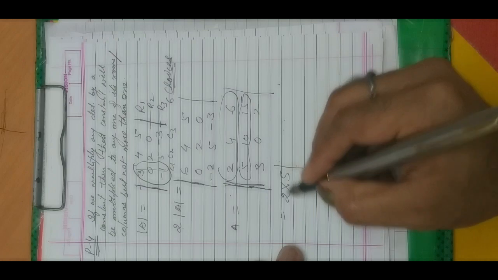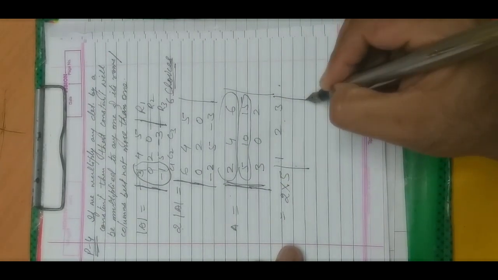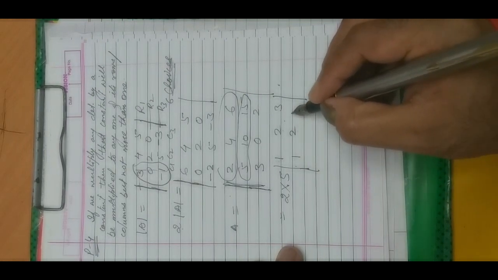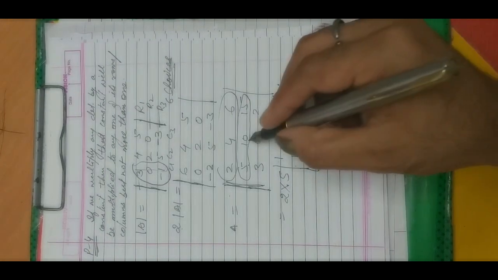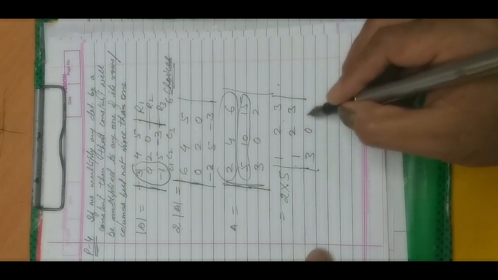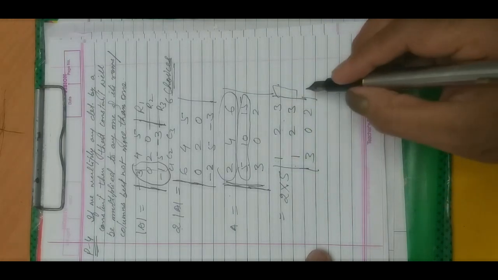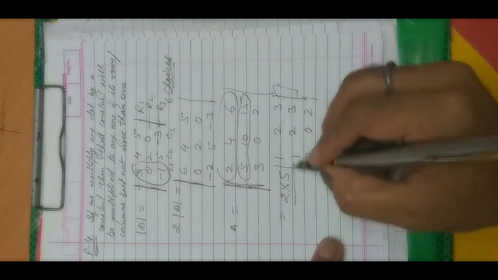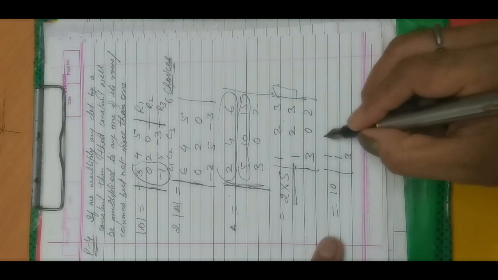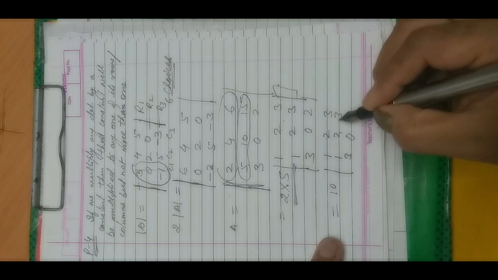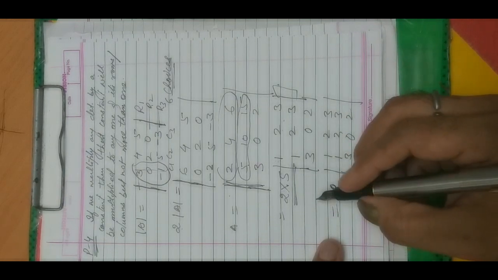So now we are writing 2 into 5 outside the determinant, so it will be 1 2 3 in the first row, and 1 2 3 in the second row, and 3 0 2. As you can say, by the previous property, with any two rows identical, its overall value will be 0, but we are not going to discuss that. I am talking about the constant. 5 twos are 10, and then 1 1 3, 2 2 0, 3 3 2. So this is called multiplying or taking common of the constant.